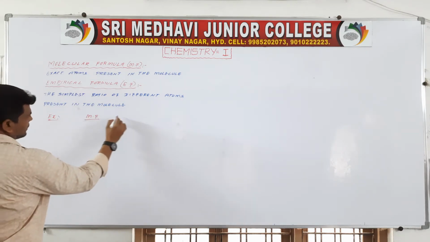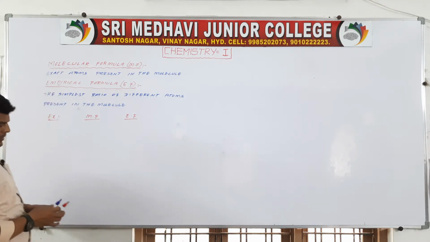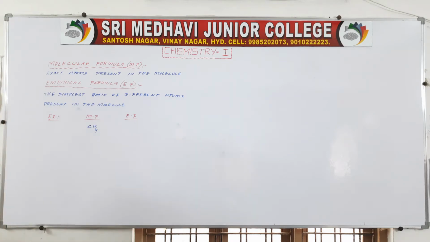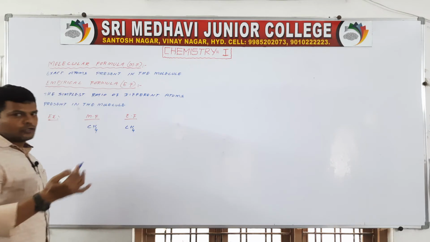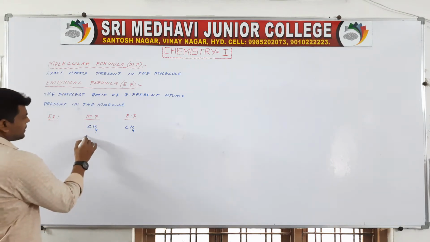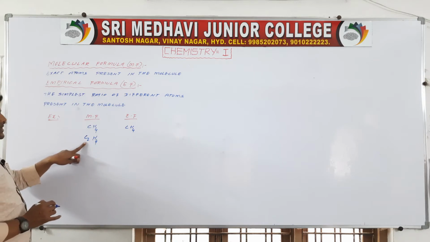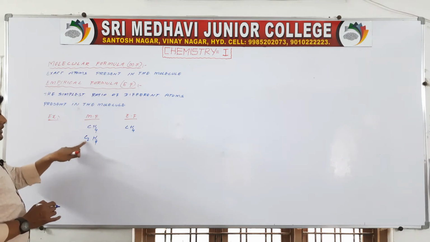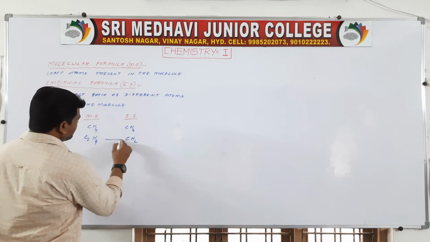See, for example, molecular formula and empirical formula of some compounds. CH4, empirical formula is CH4, no change. C2H4, simplest ratio, so exact atoms present in the molecule: C2H4, 2 ones are 2, twos are 2, it is nothing but CH2.